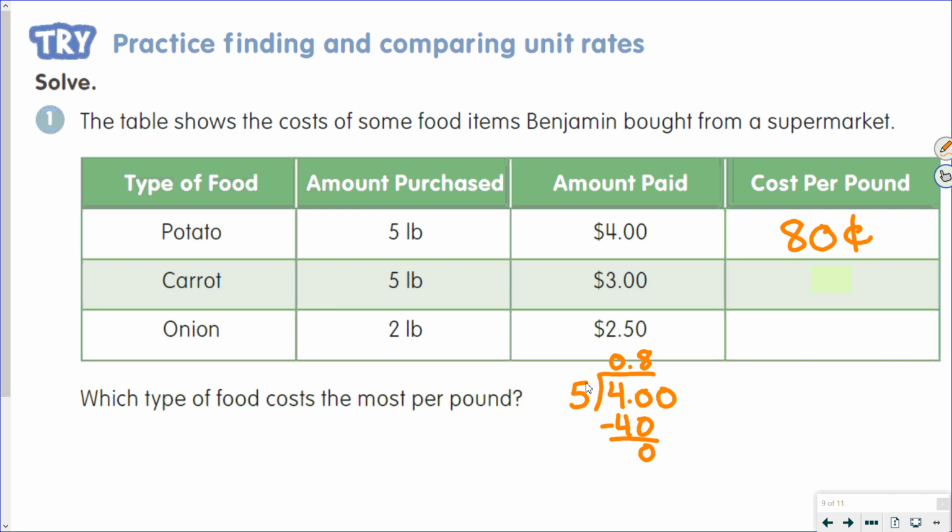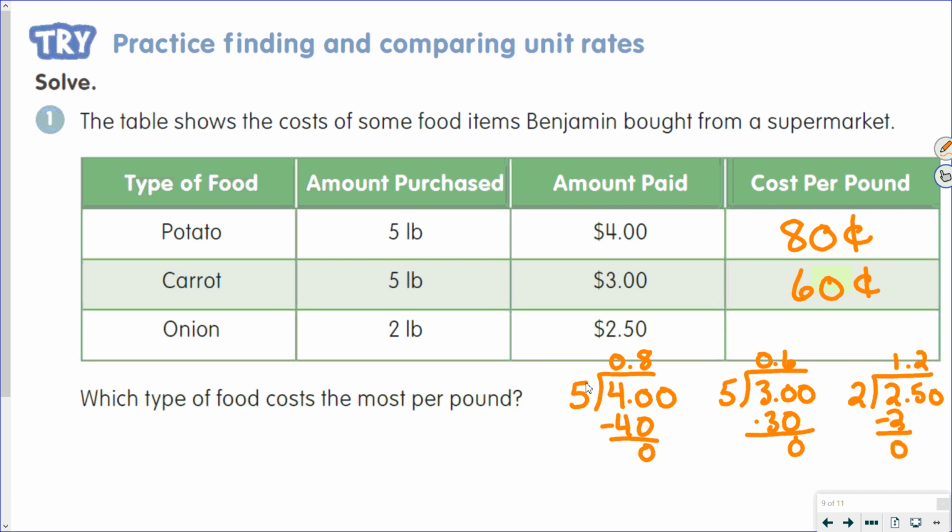Carrots are $3. We bought 5 pounds of carrots. Goes into 3 0 times, goes into 36 times. So we get 60 cents per pound. And then the onion, we bought 2 pounds. It's $2.50. Goes in once.